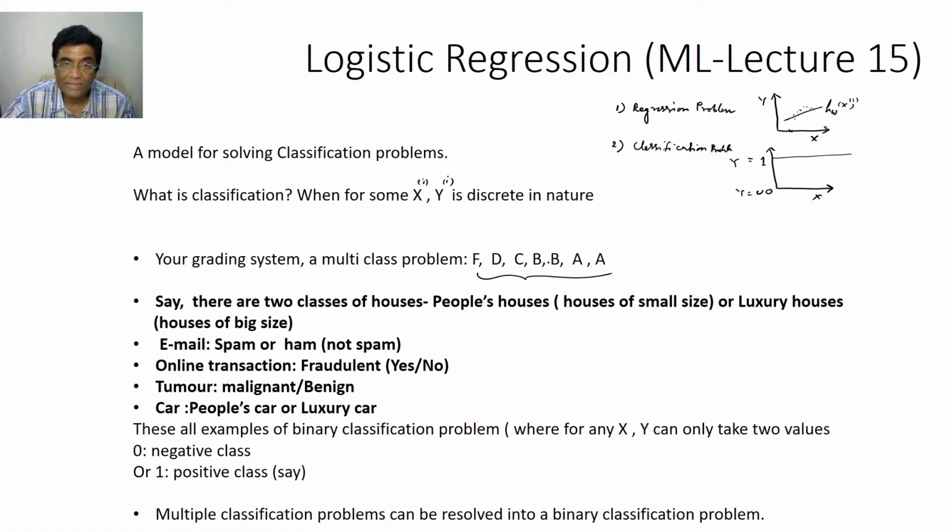Say in your class you have a grading problem, right? F is fail grade, D is merely pass, C is fair, B is good, B plus is very good, A is excellent, and beyond excellent is exceptional, maybe.